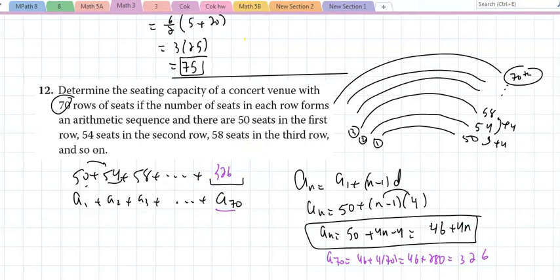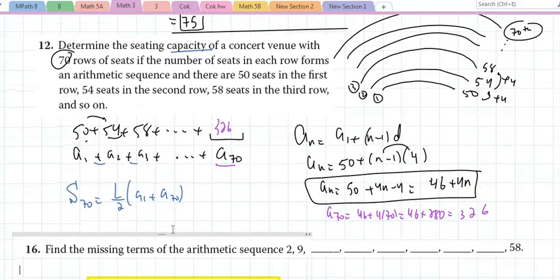They're saying find the capacity. How many people can you fit? That is adding all of those. If I take the sum of those, S sub 70, that is L divided by 2 times a sub 1 plus a sub 70, right? According to the formula.